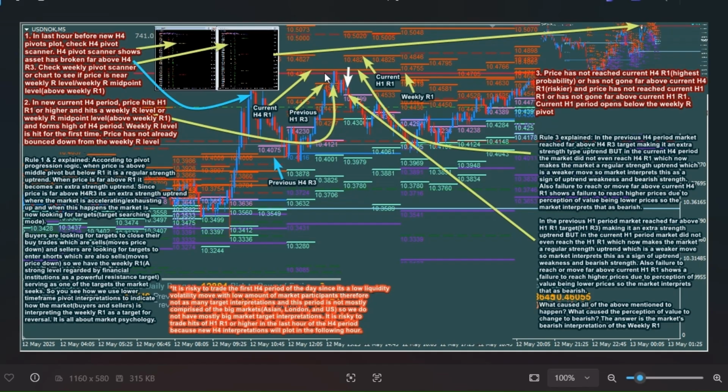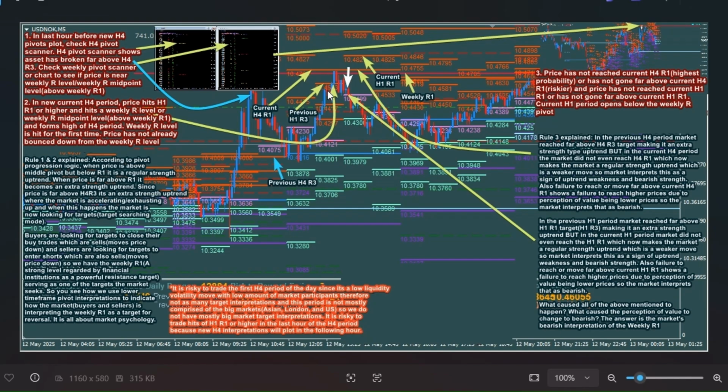And then it also hits the weekly R1. All right, you see that here, this red level here. Price also forms the high of the current H4 period, meaning it forms the highest price point of the current H4 period, okay?